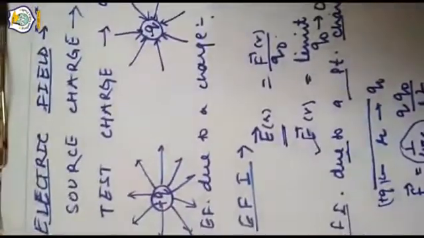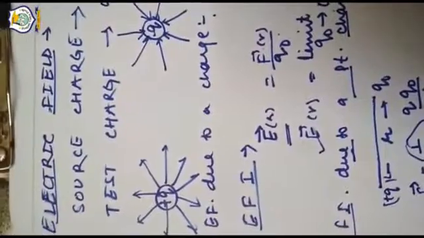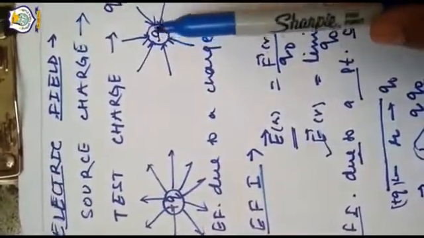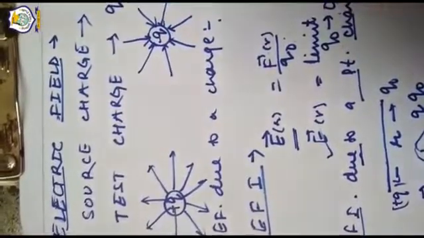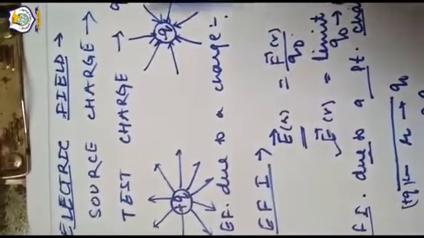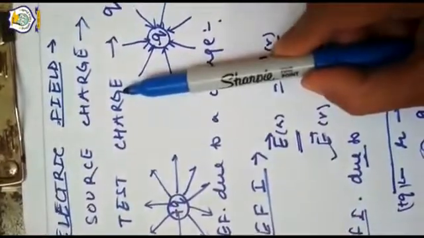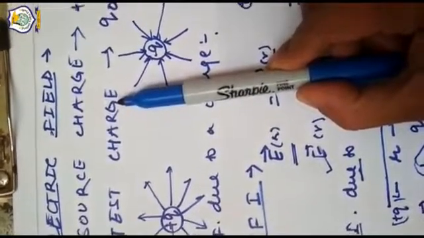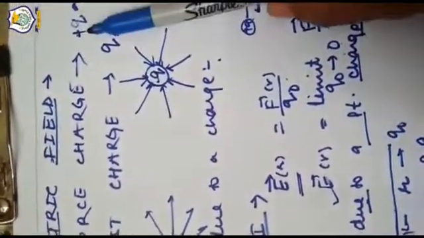So it's now a little easy to define electric field. It is the area around the charge where the influence of that charge can be experienced by a test charge placed in the vicinity of that charge. Suppose plus Q charge is kept, so it has some electric field around it.